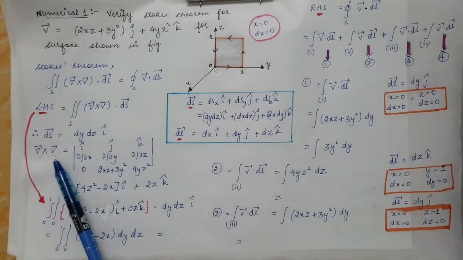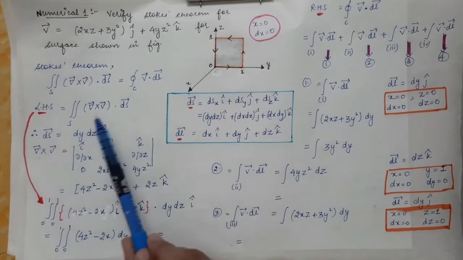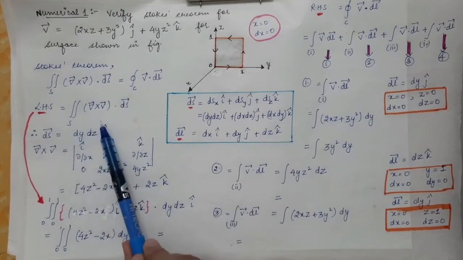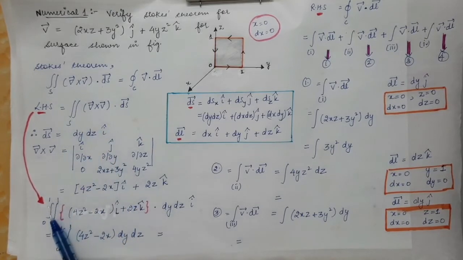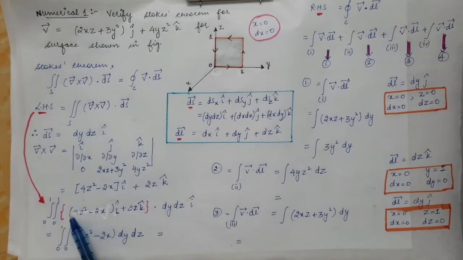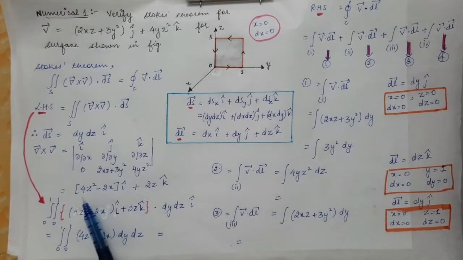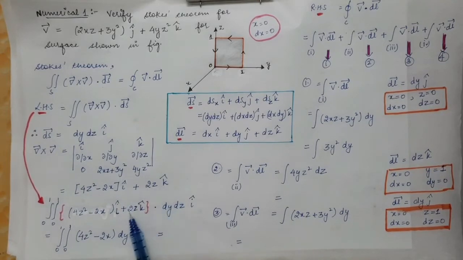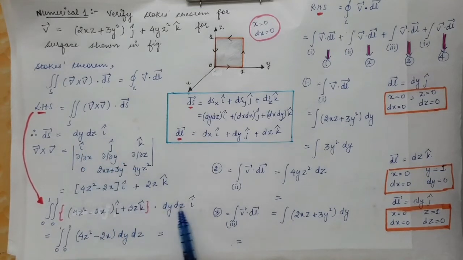So we have evaluated the curl of this vector field, and we know ds vector. Now we will do the dot product of these two, and then we will do the surface integration. In this curly bracket, we have written the curl of vector v, which is 4z square minus 2x i cap plus 2z k cap, dot product with the area vector, which is dy into dz i cap.